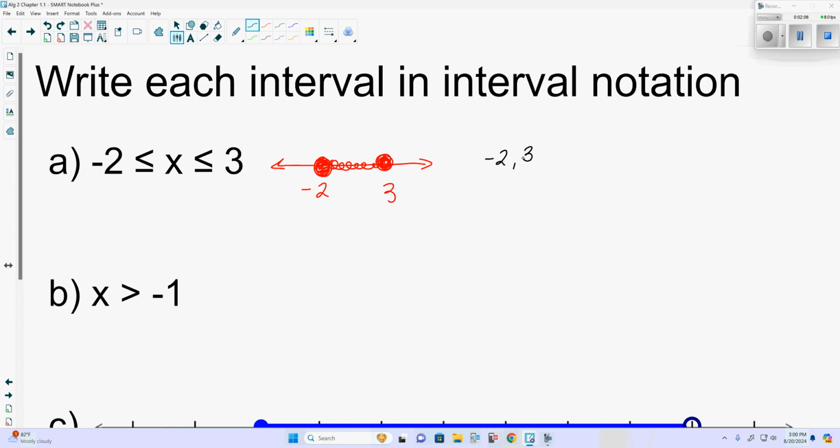Bracket. Because bracket is included, parenthesis is not. So we'd have a bracket. How about 3? Bracket. Because since they're both included, they would both have brackets. Questions on this here? We ready for the next one?